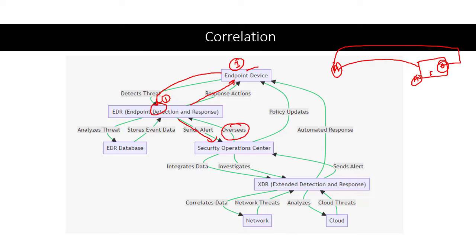In parallel, the SOC also oversees the EDR and then integrates the data with the XDR. Here you can see it integrates the data with XDR because XDR needs holistic data. Then the XDR system extends the capability by correlating data across the network, across the cloud and other sources, analyzes the threat from these various sources and also automates the response directly to the endpoint device.